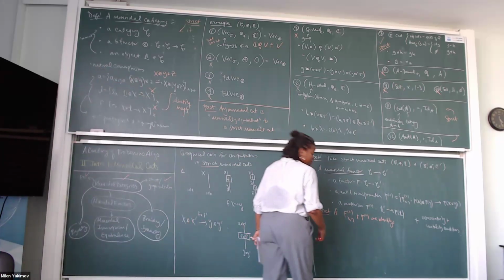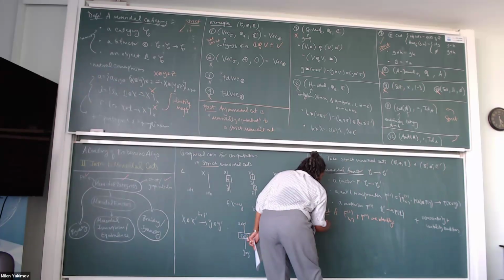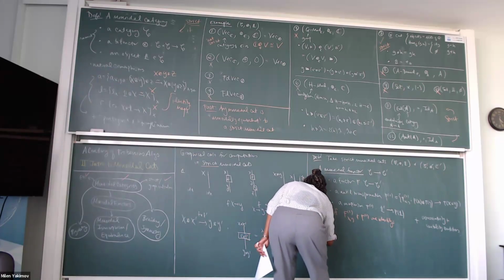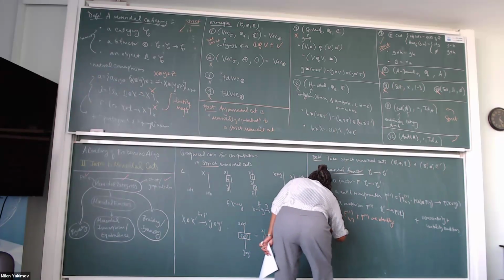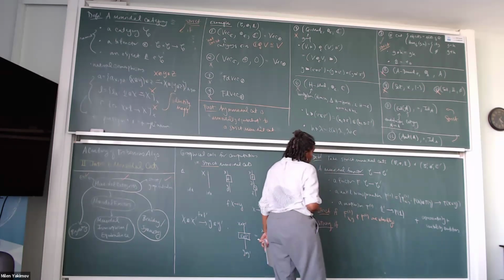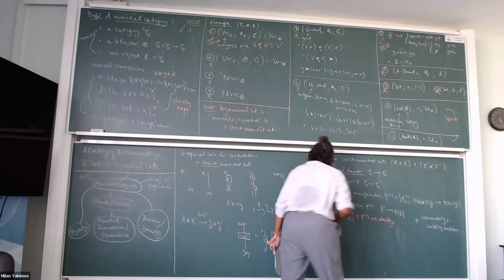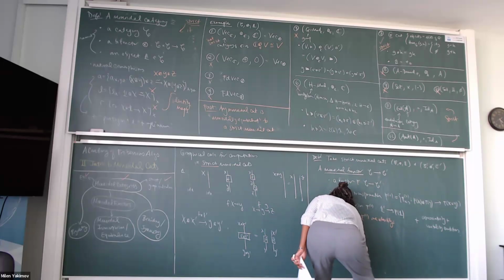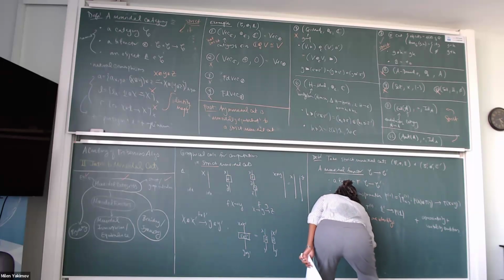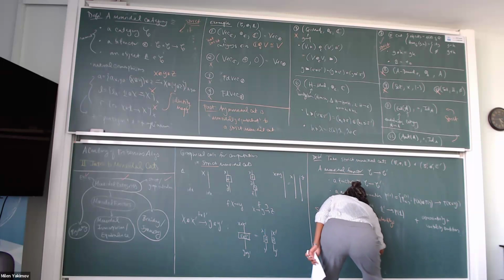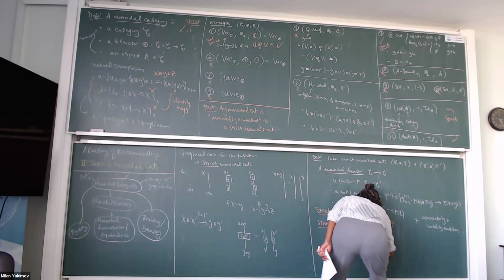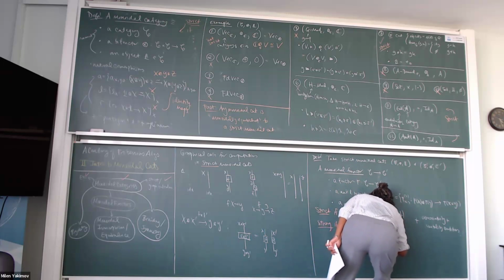So oftentimes what people do is they require that these morphisms are actually isomorphisms, and in that case, we say that the monoidal functor is strong. So all these morphisms are, in this case, isomorphisms.